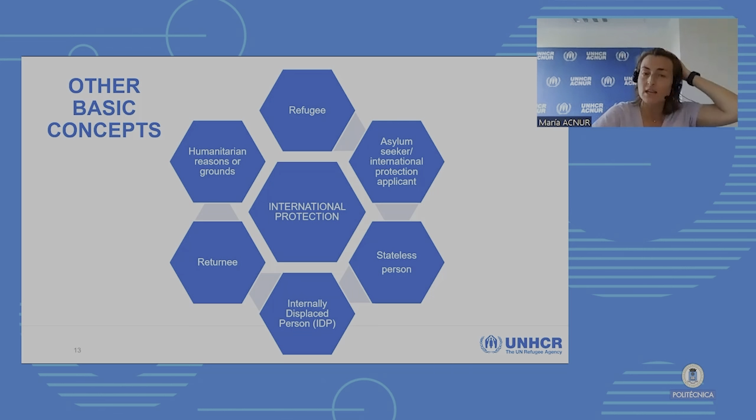Spain also has this kind of status. We'll talk later about what it entails and what it means, but just for you to know that it's a different, a complementary form of protection in the EU context very frequently, okay?